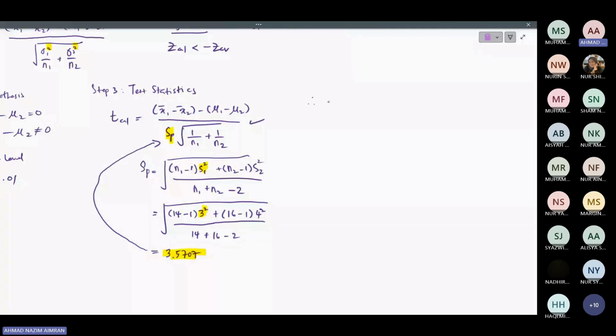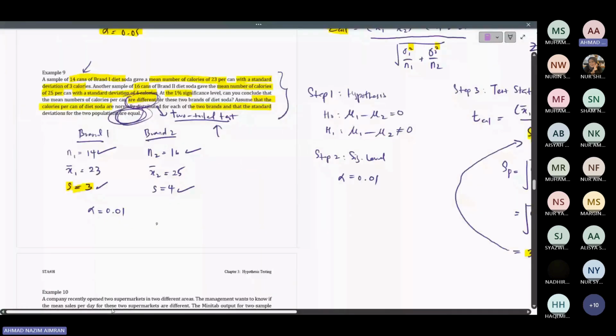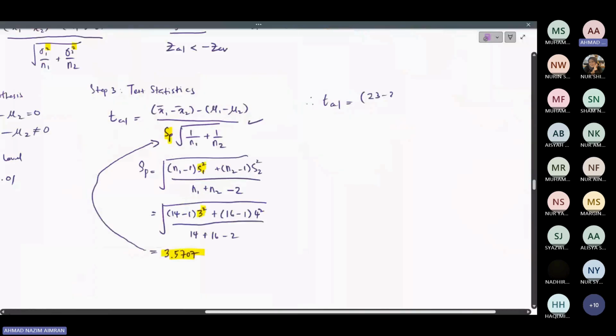So the T calculated is equal to x bar 1, which is 23, minus x bar 2, which is 25, minus 0, over Sp.